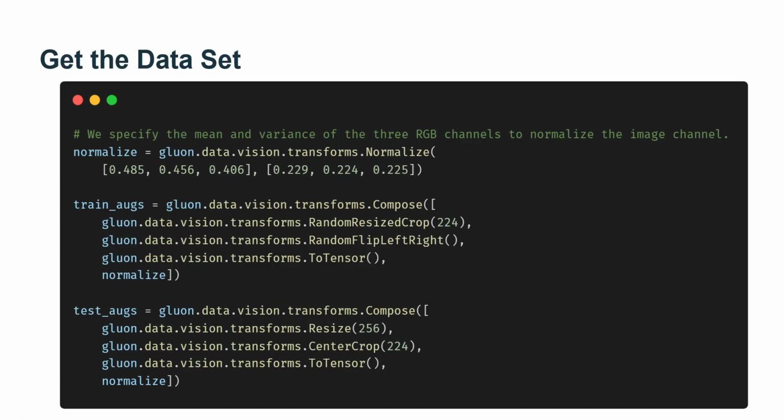In addition, we normalize the values of the 3 RGB (red, green, blue) color channels. The average of all values of the channel is subtracted from each value and then the result is divided by the standard deviation of all values of the channel to produce the output.